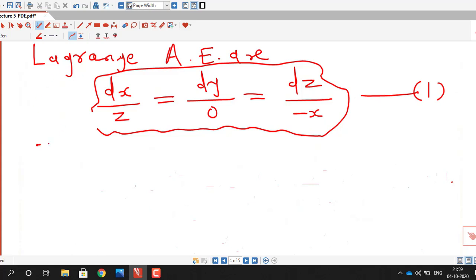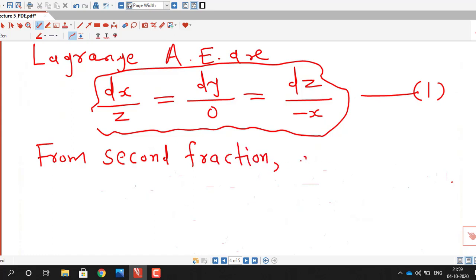So here I can write from second fraction dy equal to 0, and this is separable. So integrating we obtain y equal to c1.